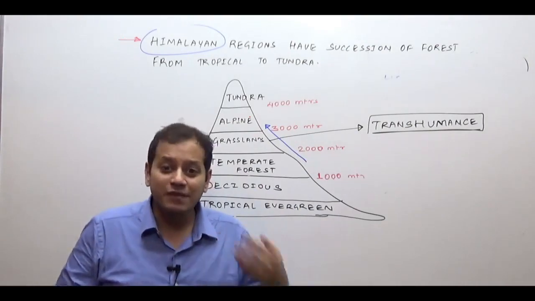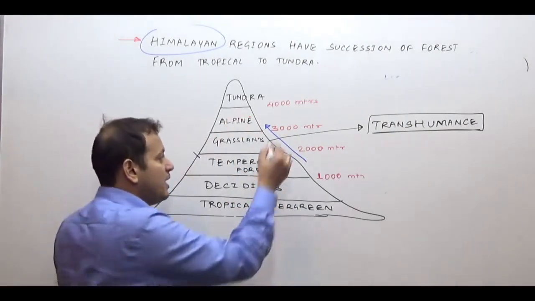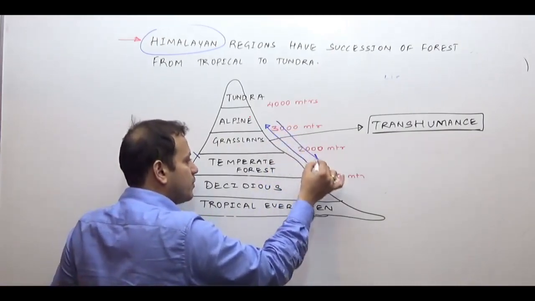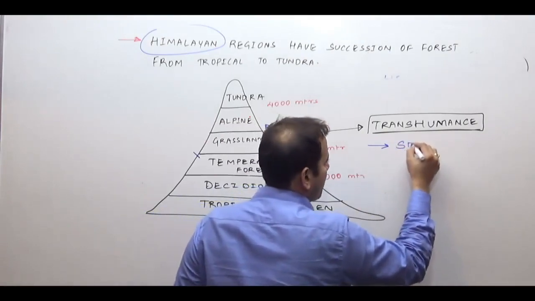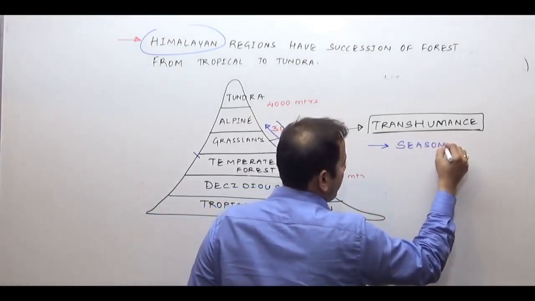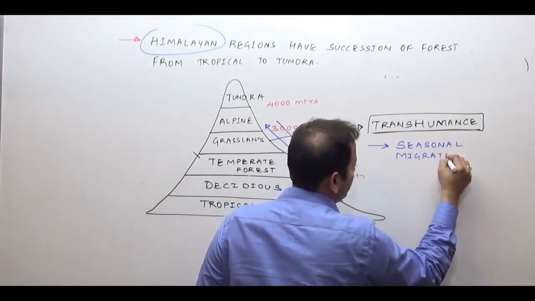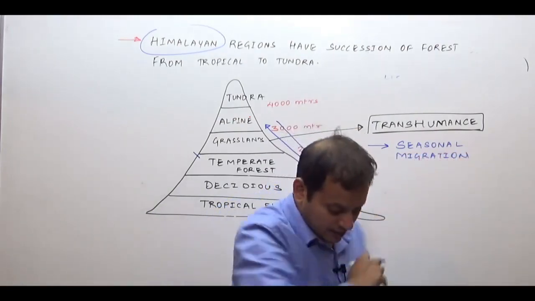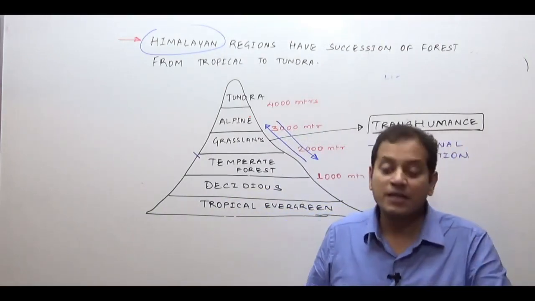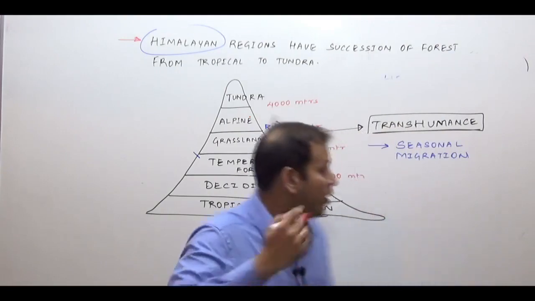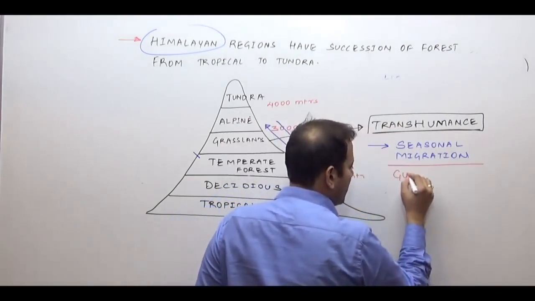While during the winter season, when there is heavy snowfall in the higher reaches of the Himalayas, they will migrate downwards. So this transhumance is a seasonal migration, which is done along with their flock by the tribes of Gujjars and Bakarwals.